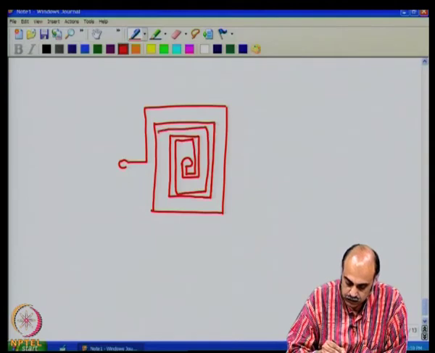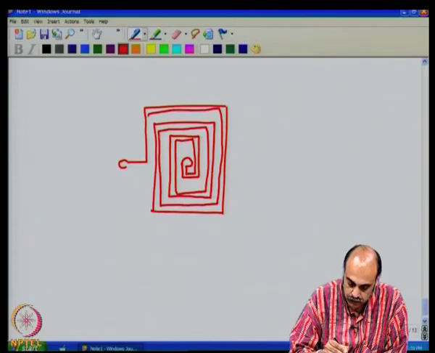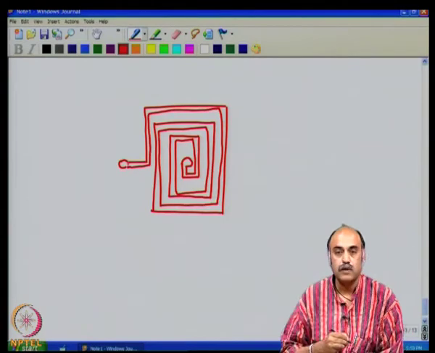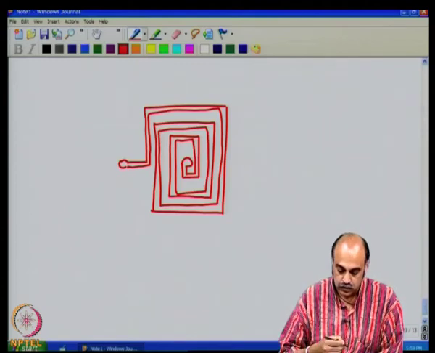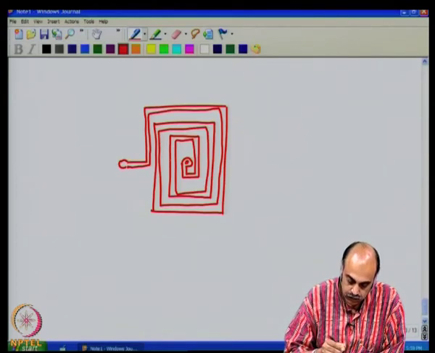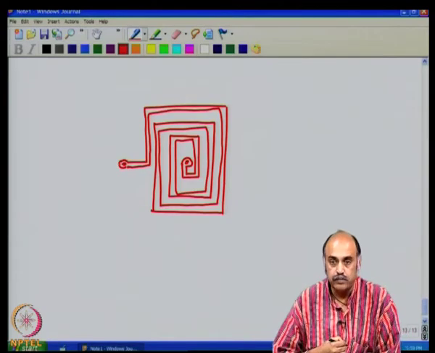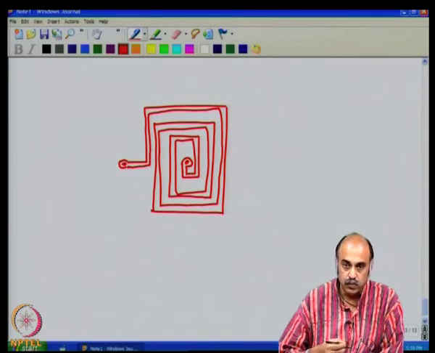So, this kind of spiral is also a possibility to get a printed inductor, many windings.